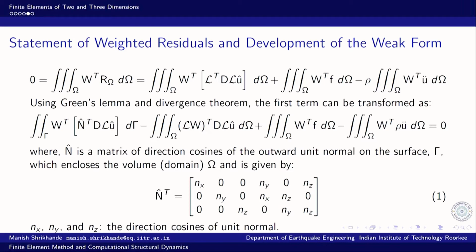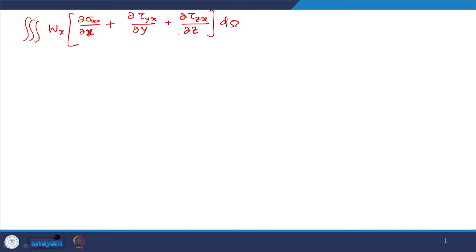So, let me just look at the first term of this equation: W x multiplied by del sigma x x by del x plus del tau y x by del y plus del tau z x by del z. These are all approximate stresses because they are derived from the approximate displacements.